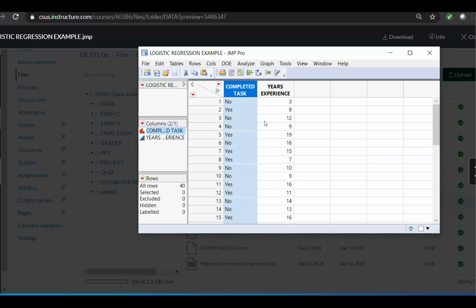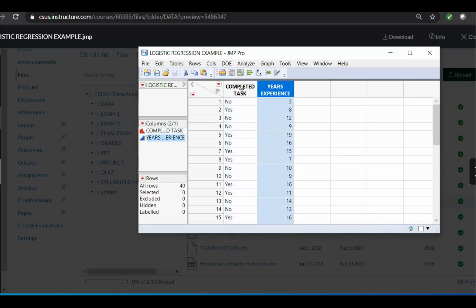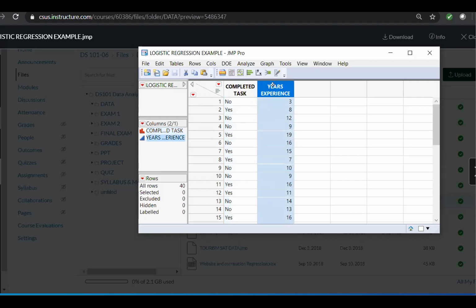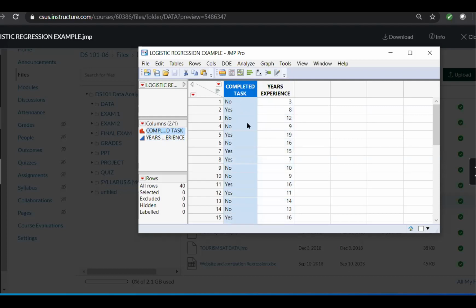So they ask you how many years of experience you have, and they look at your results during the interview, and they see, okay, this person has completed or not completed the task. So we want to explore and find out if years of experience has anything to do with completing the task in the interview session.